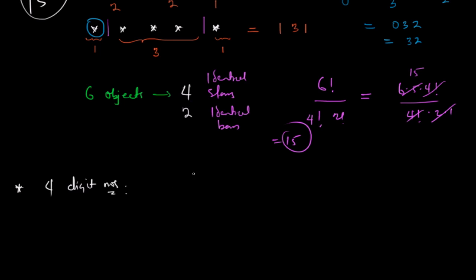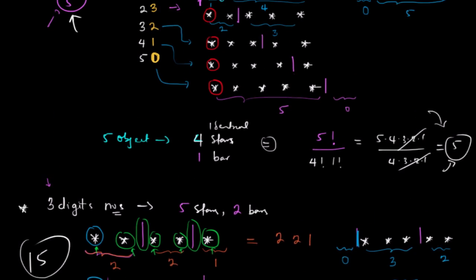Alright, welcome back. Now for the 4-digit case, since the numbers we are considering must have a sum of 5, it's going to have 5 stars. And we are told that it's a 4-digit number. Look at the trend here.